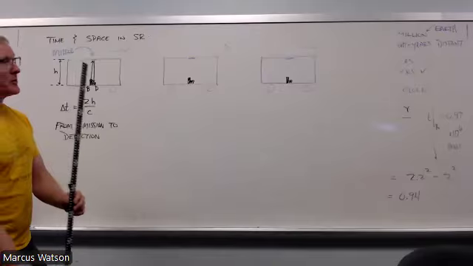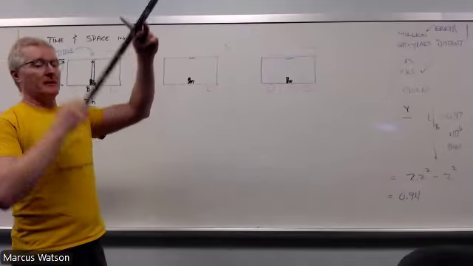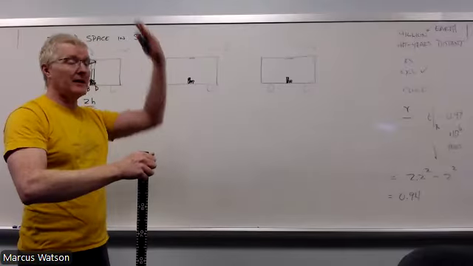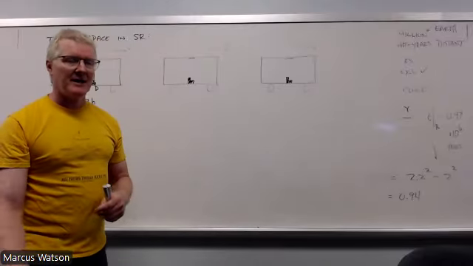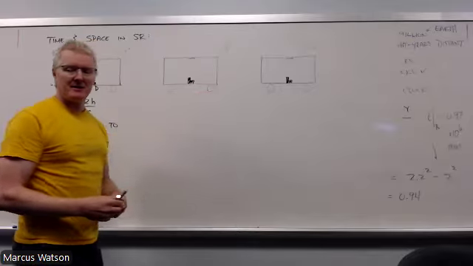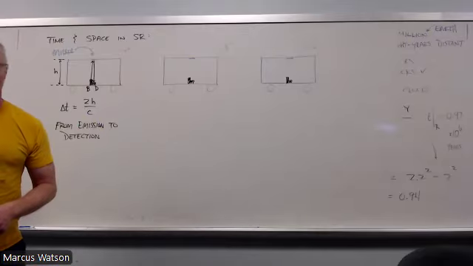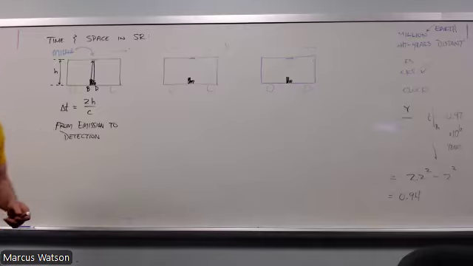For me, in other words, it's straight up and then straight down because I'm just watching it go up and down. But what do you see as the train is going past?